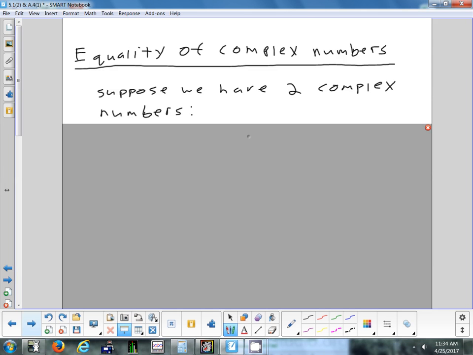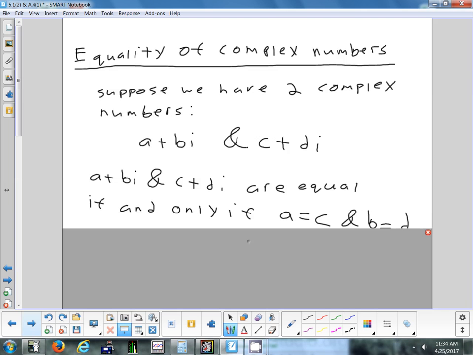All right, so what does it mean for two complex numbers to be equal? Well, when you have a complex number, what's always the first part? The real. And what's the second part? Imaginary. So if you have two complex numbers and somebody asks you, are they equal? You have to check two things.